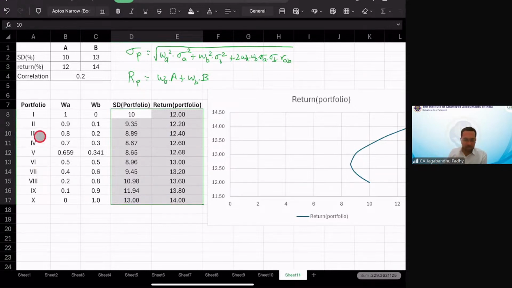Can you identify which are those portfolios from 1 to 10? From 1 to 10, which portfolios are not at all suitable for any rational investor? Out of these 10 portfolios, which are definitely not going to be taken up by any rational investor?